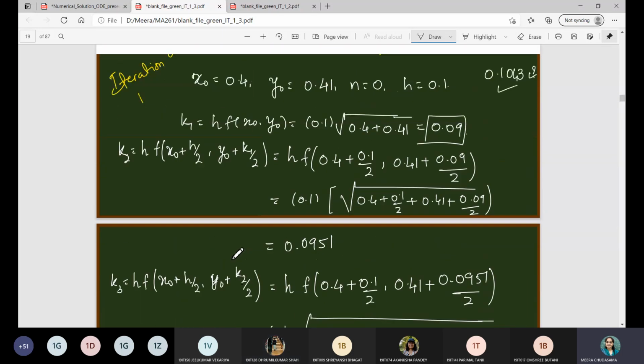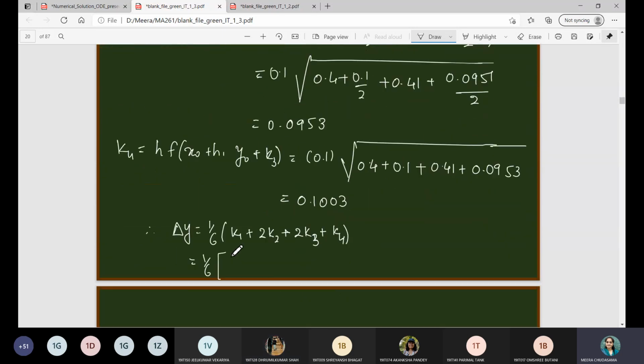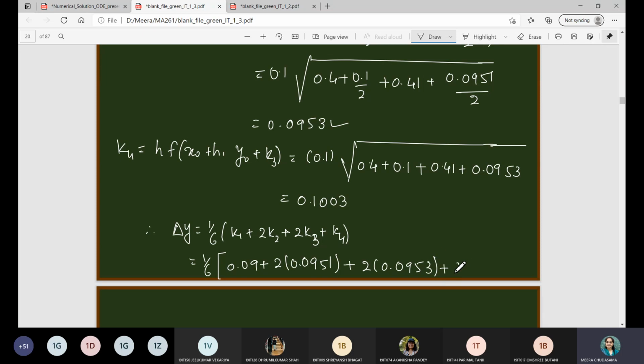So k1 value we have obtained 0.09. 2 into k2 is 0.0951. k3 value it is over here. So 2 into 0.0953 and k4 value is 0.1003. So when you compute it, you will get 0.0952.